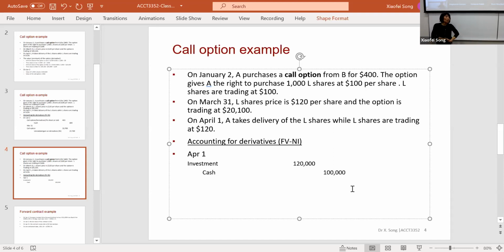Okay. What's also clear here is now I exercised my stock option. I don't have it anymore. So I should remove that from the account. Okay, so, right? So we have a call option.